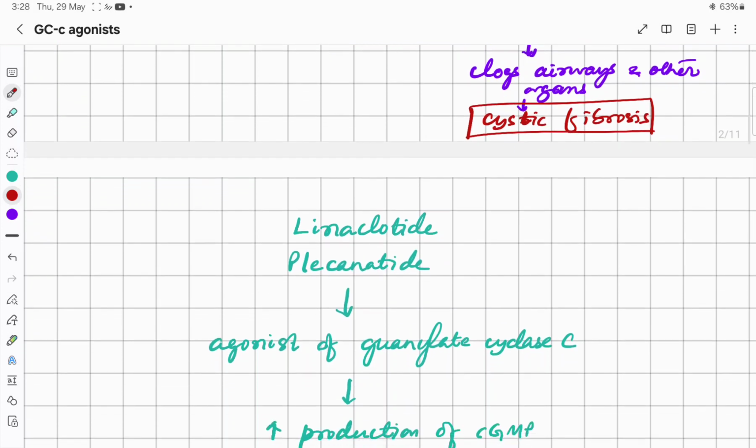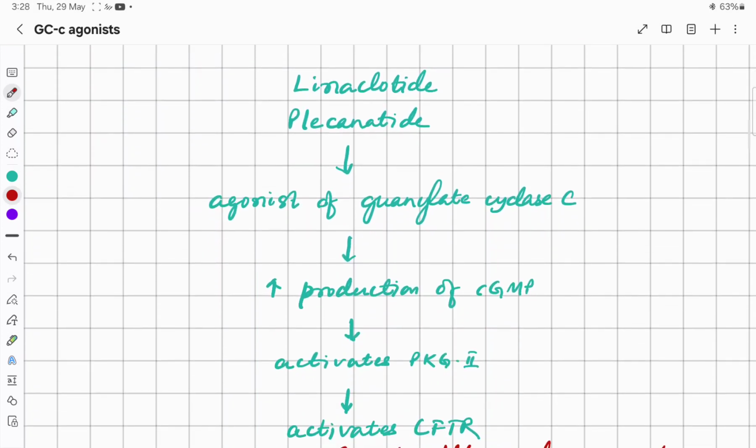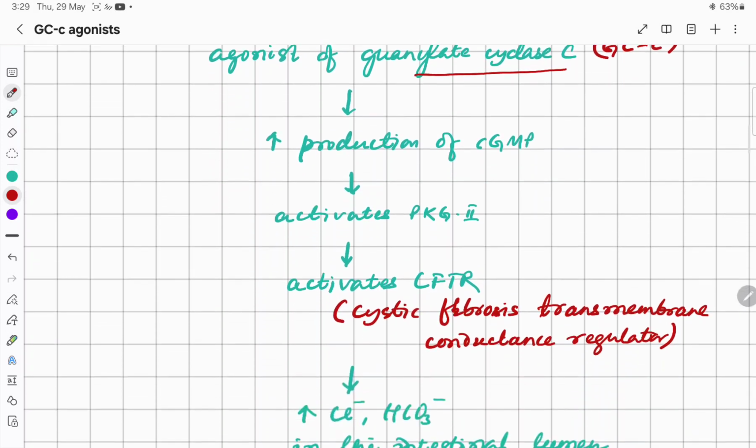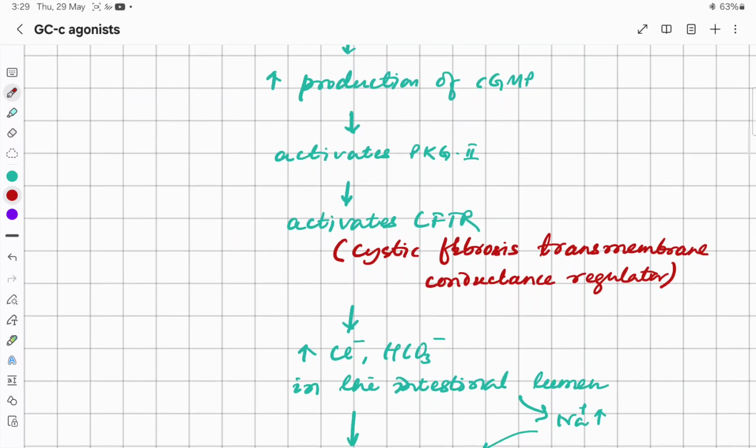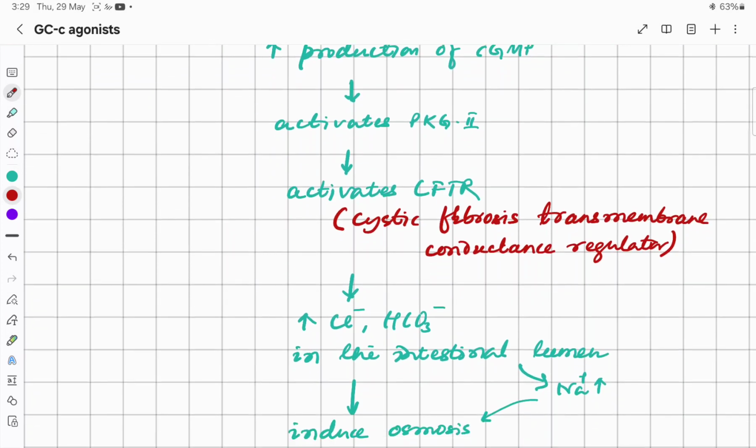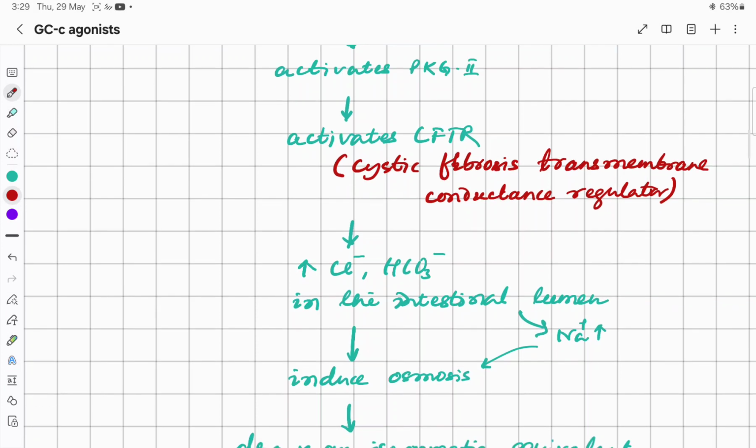So let us see that. Linaclotide and plecanatide are agonists of guanylyl cyclase C, and in this way they increase the production of cyclic GMP, which activates protein kinase 2, and protein kinase 2 then activates CFTR, the cystic fibrosis transmembrane conductance regulator. This increases chloride and bicarbonate in the intestinal lumen.